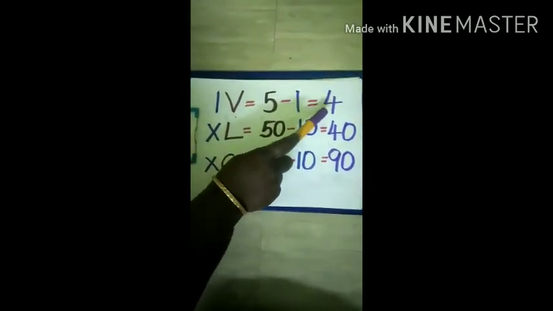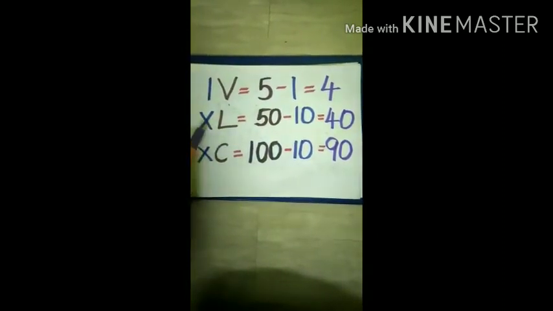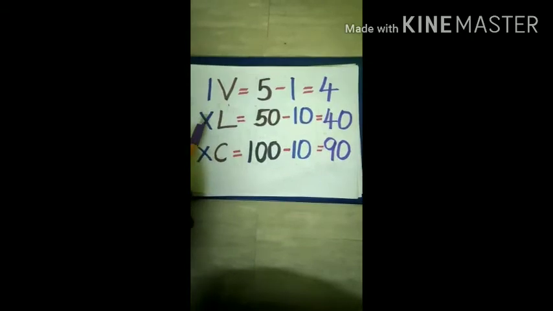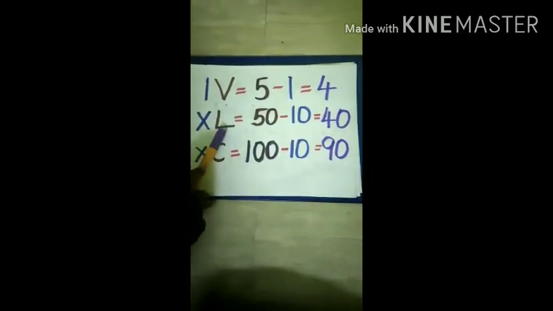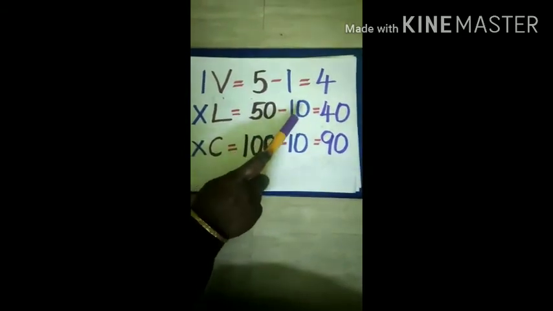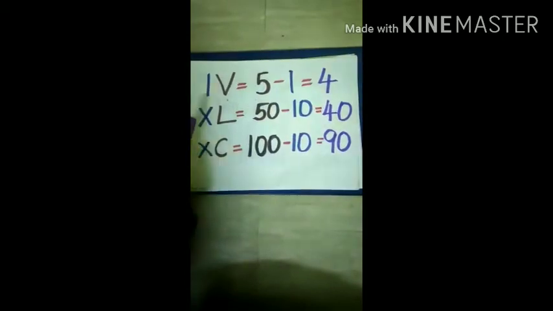So what is the Roman numeral for 4? IV. Next, XL. The value of X is 10 and the value of L is 50. Since 10 is less than 50, here also we are subtracting. So 50 minus 10 is equal to 40. So what is the Roman numeral for 40? XL. Next, XC.